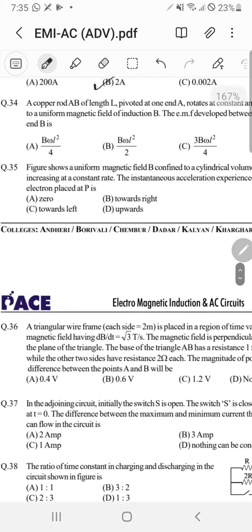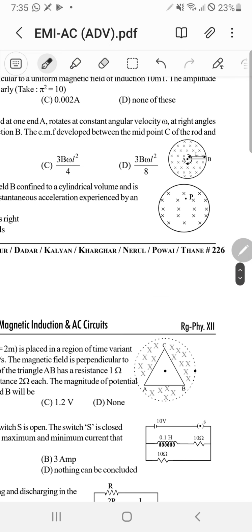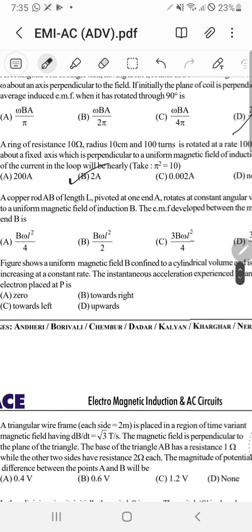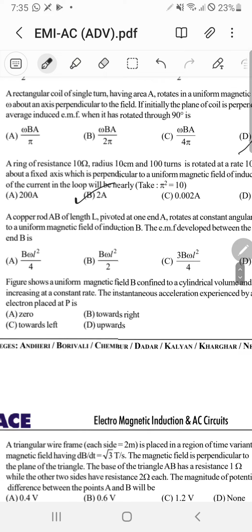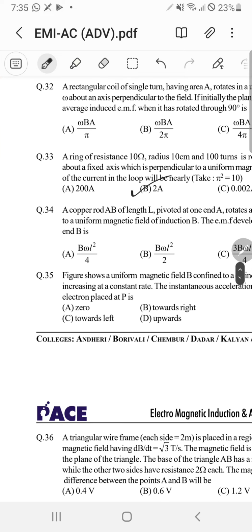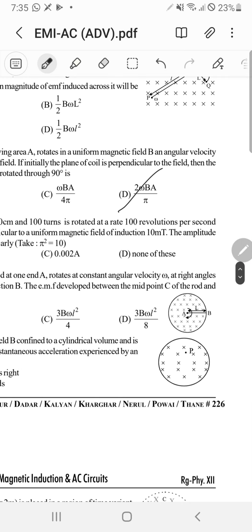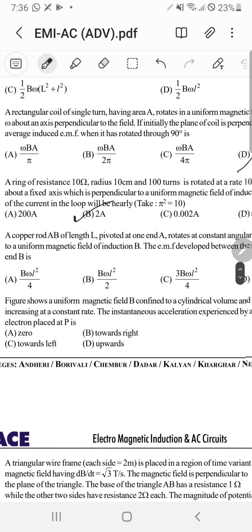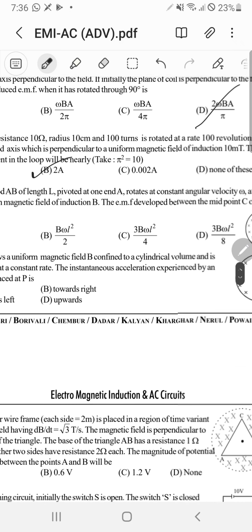A copper rod AP of length L pivoted at point A, diagram, cool, rotates at constant angular velocity omega at right angles to a uniform magnetic field. It's a copper rod, pivoted at point A, constant angular velocity, right angles to the uniform field.